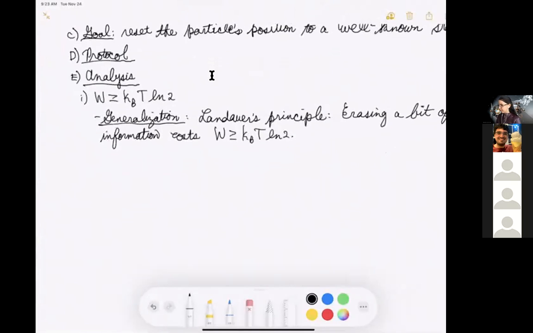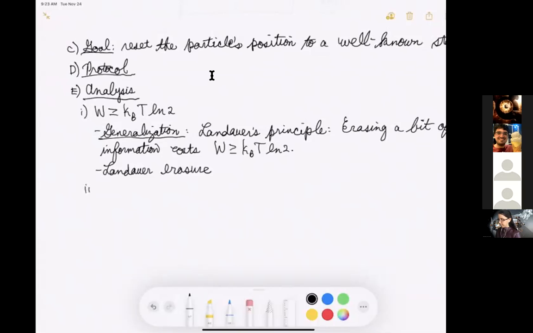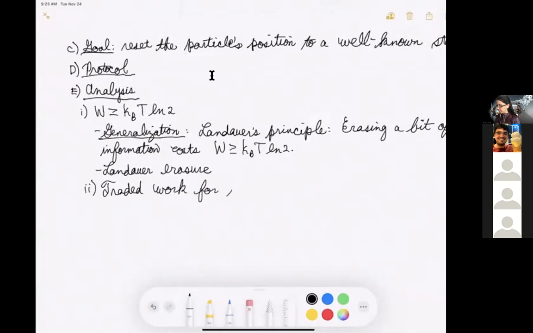This process of resetting the bits is called Landauer erasure. So in this case, we have traded work for information, which is sort of the reverse of what we did yesterday.